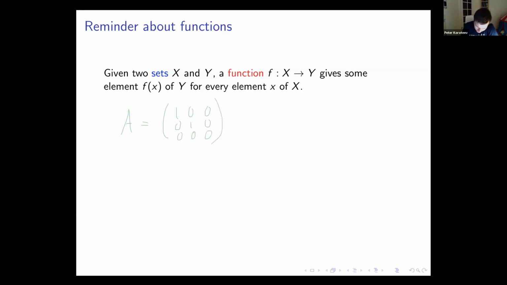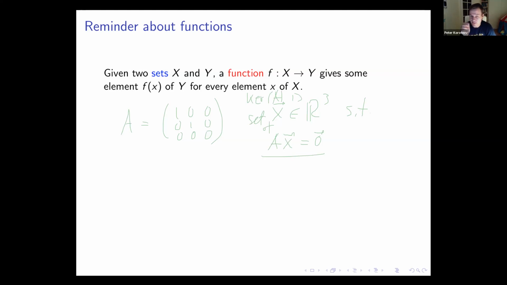So we take the matrix A, which is 1, 0, 0, 0, 1, 0, like this one. We're looking at vectors x inside R3 such that Ax is equal to 0. So that's the definition of the kernel. The kernel of A is the set of all x such that this is true.